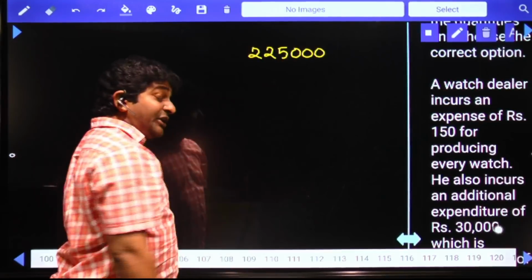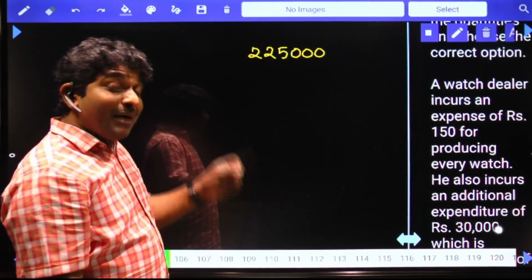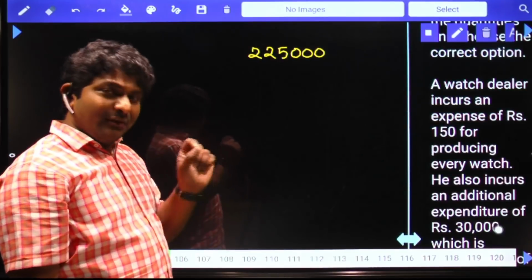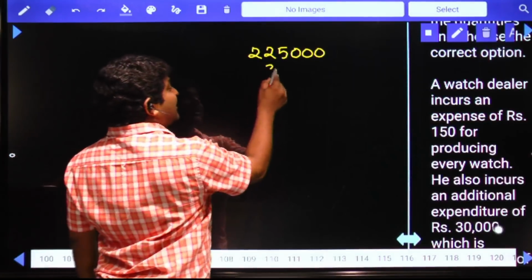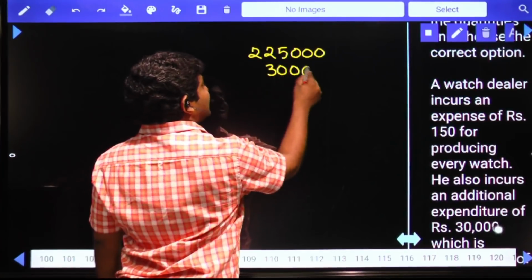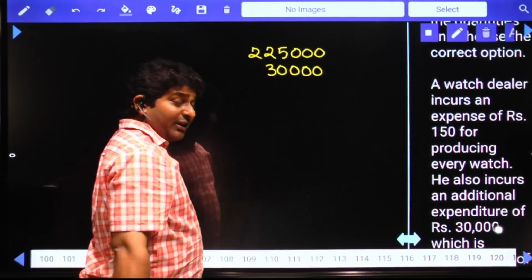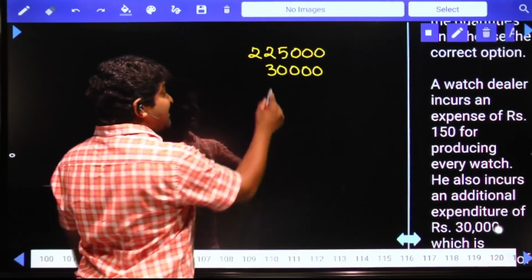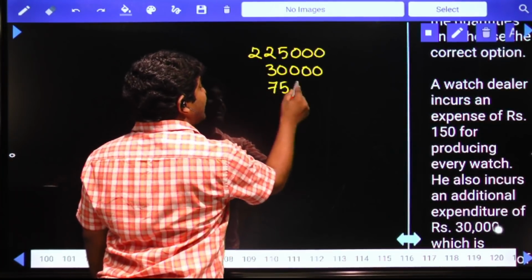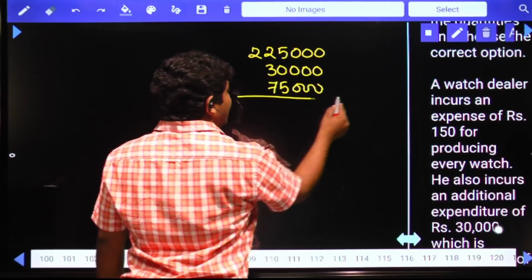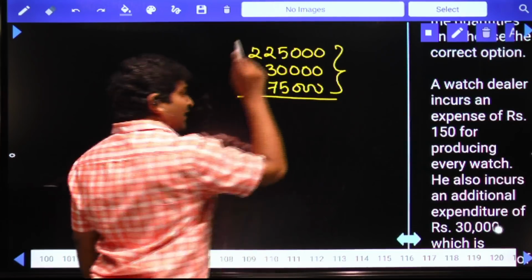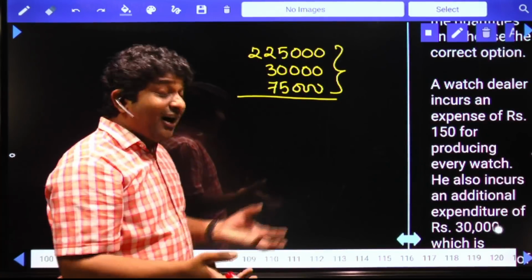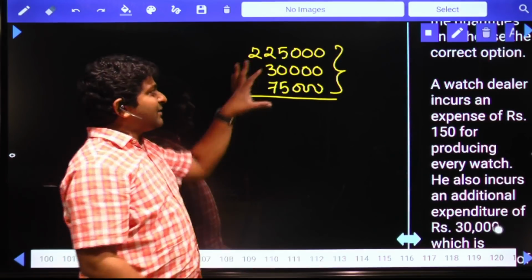This is expenditure to manufacture 1500 watches, and there is a fixed cost of 30,000, and he is expecting profit 75,000. So by selling watches during on season and off season together, he must get this much price.